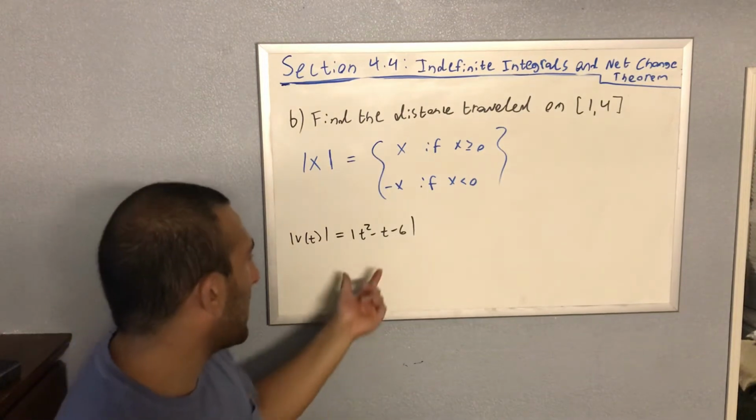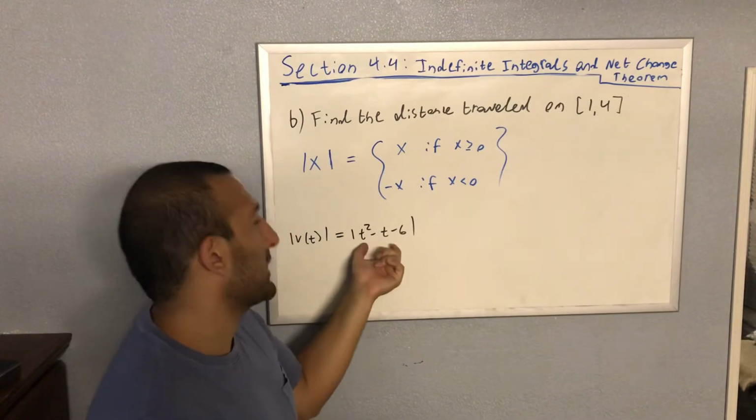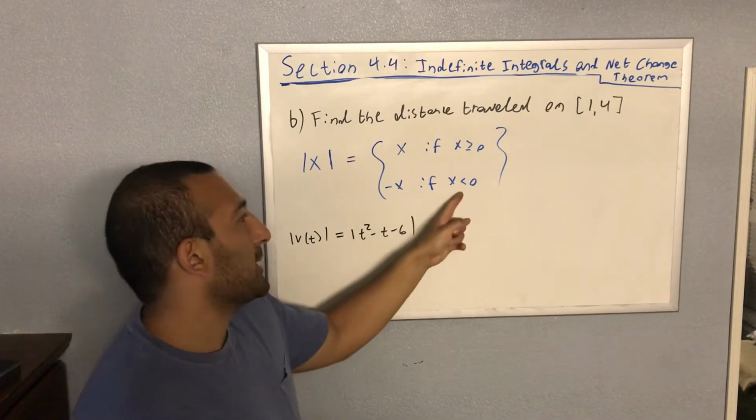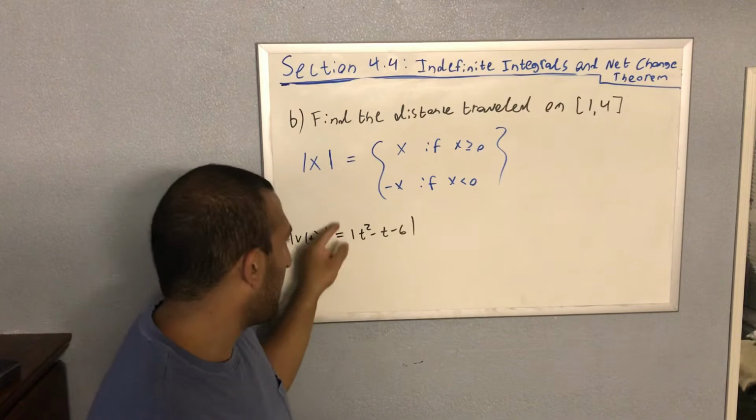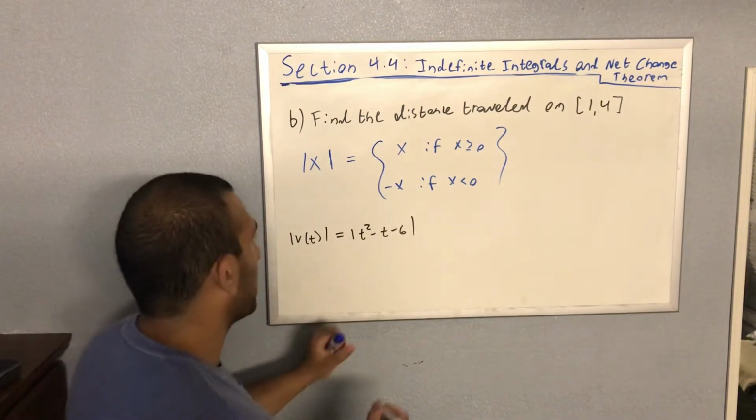So whenever this entire expression is 0 or positive, we're just going to leave it. And anytime it's negative, we're just going to tack on a minus sign in front of all of it, in front of the entire quantity. So this is what I mean.